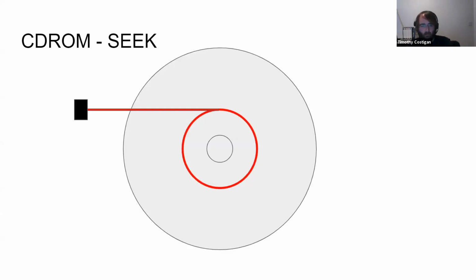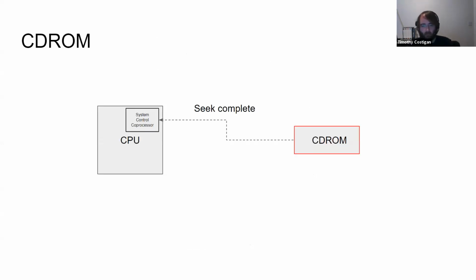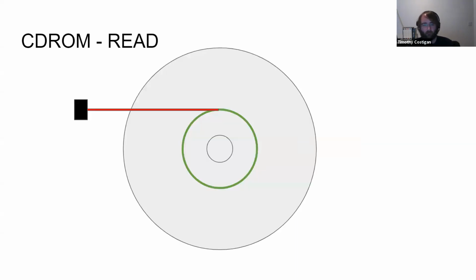Once the seek is complete, a similar thing would happen. The CD-ROM would trigger an interrupt saying, oh, I finished seeking, and then the CPU would call its handler and tell it that I want to read the data that I've asked you to seek.